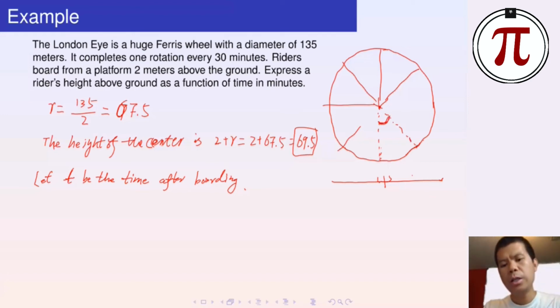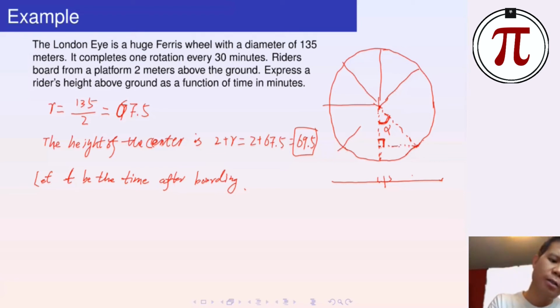Let's say this angle is alpha. Then the height, if we draw a horizontal line here, this will be a right angle.